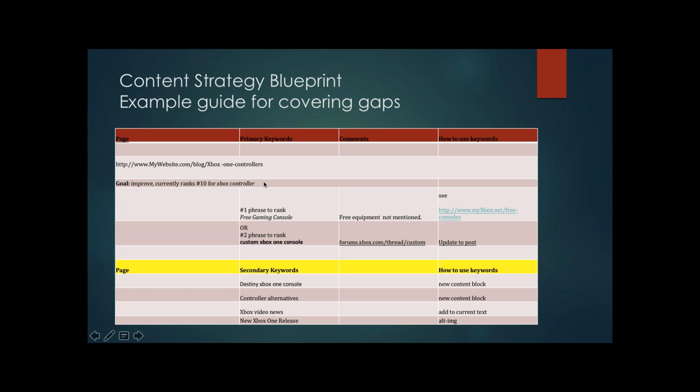So, for example, this page is number 10 for Xbox controller on this website. And I'm saying, well, we needed to add, and I don't actually know if this was true from our results, but just as a scenario, we needed to try and do more about gaming and free. So this was a word that, based on traditional keyword research and the topic keyword research, I said, try and rank for this.